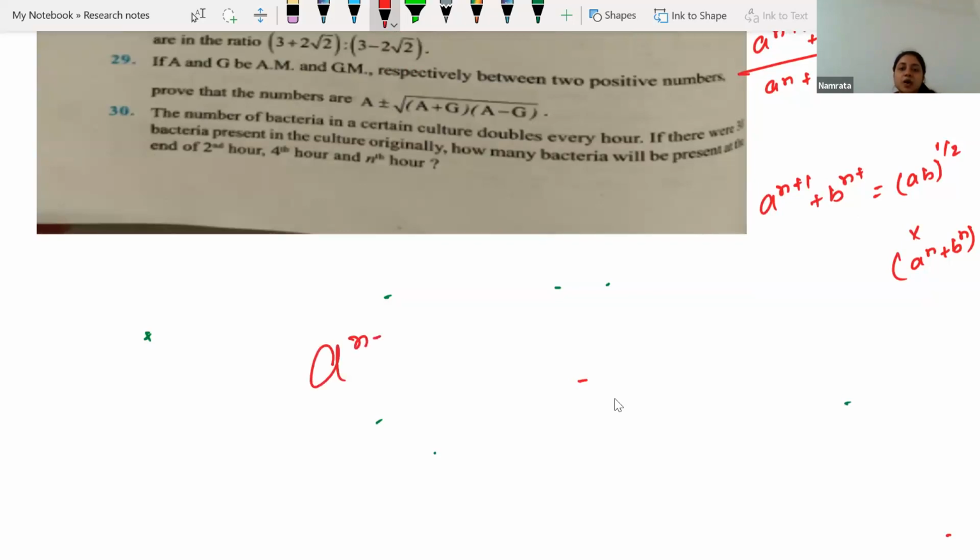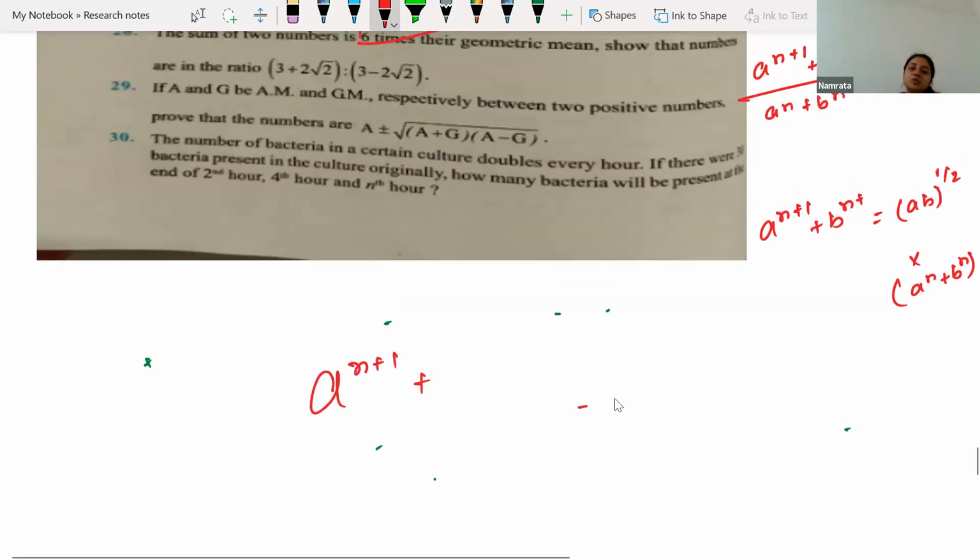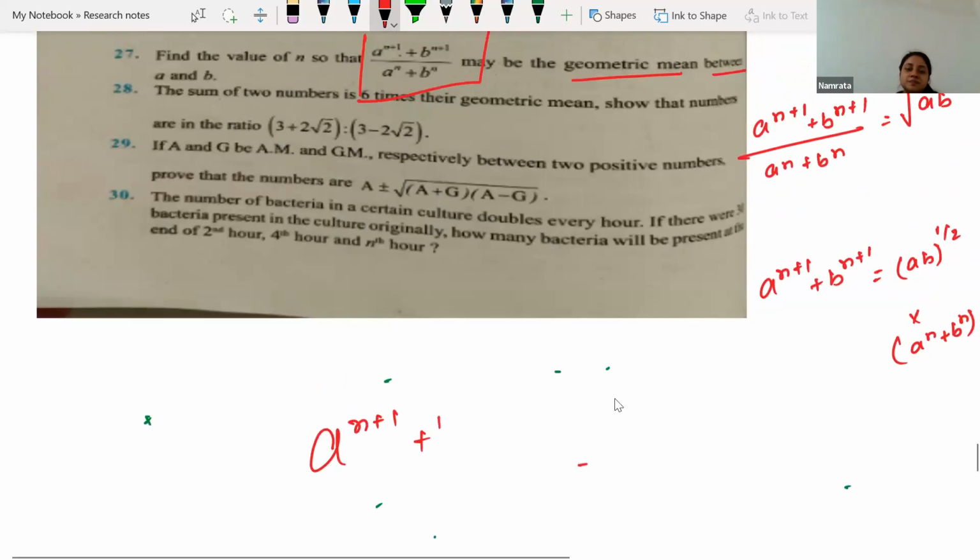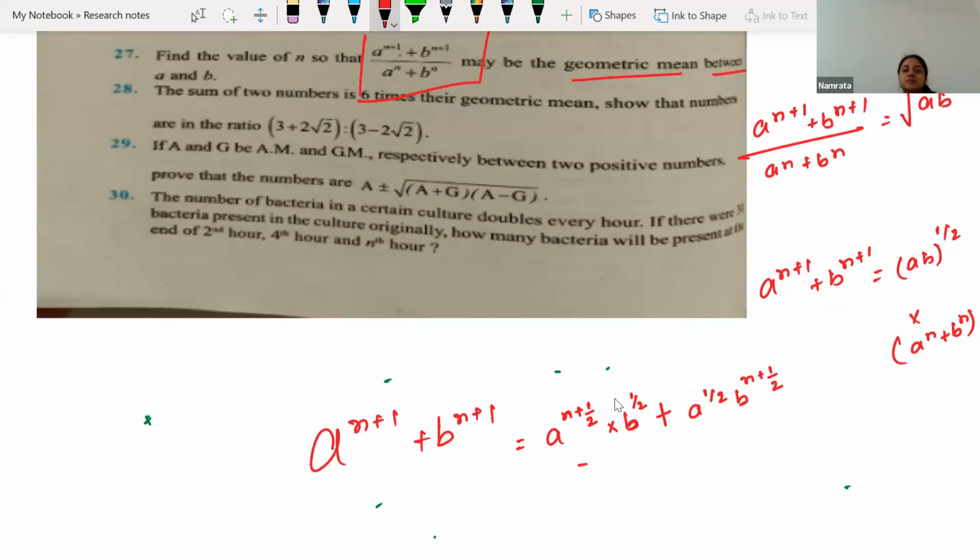Doing the distributive property, the first term will be a to the power n plus 1 by 2, plus a to the power 1 by 2 and b to the power n plus 1 by 2. Are you getting it, Lena?